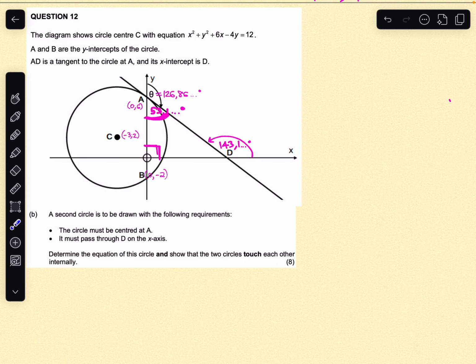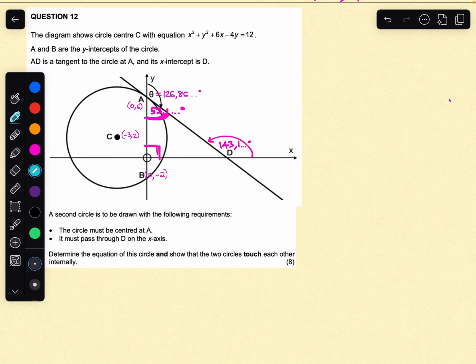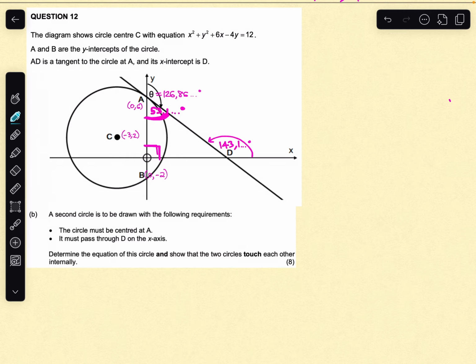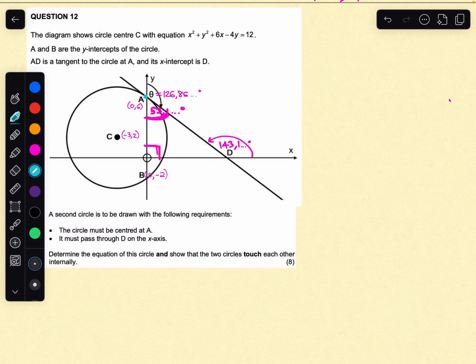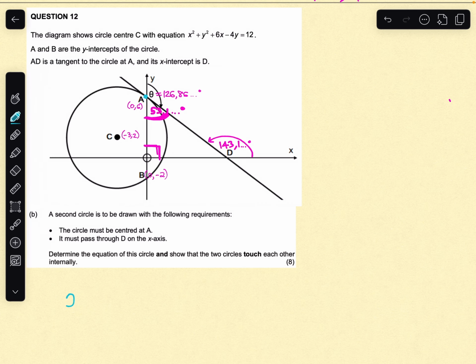Okay, so let's have a look-see here. So the center of the circle is going to be at A. That tells us that the equation of the circle is going to be x squared, or in other words, x minus 0 squared plus y minus 6 squared.